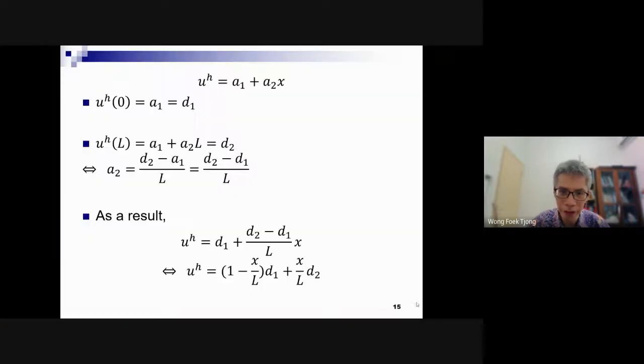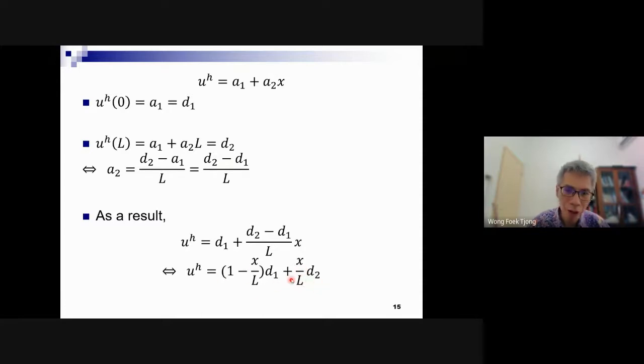So once we express the coefficients in terms of D1 and D2, just plug into this one. So we put this into this, we get this. Or we can write as this one. So the approximation function is some function times nodal displacement 1, and then some other function times nodal displacement 2.